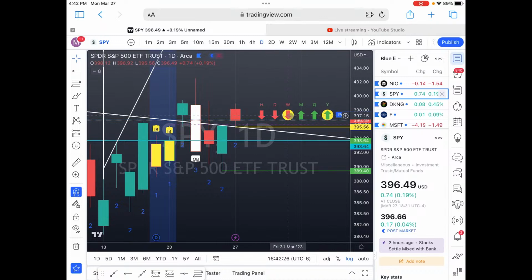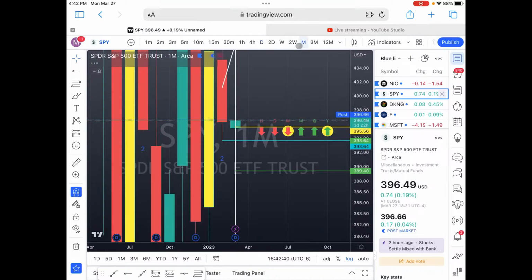We've got half the time frame continuity with us on the hourly, the daily, the weekly. The monthly, the quarterly, and the yearly are still pushing up, but we'll see how that goes and if it changes at any point. Now, if you want to see where it would change, you just go to the monthly chart, and the monthly chart tells you it would change at 395, whatever the open was here, 395.43 or in that range.